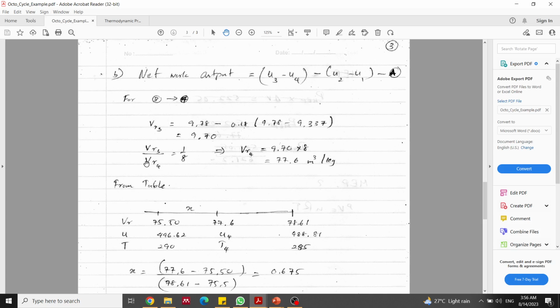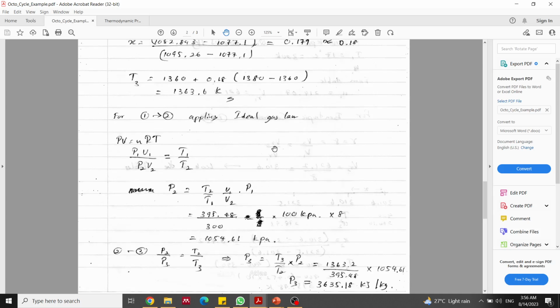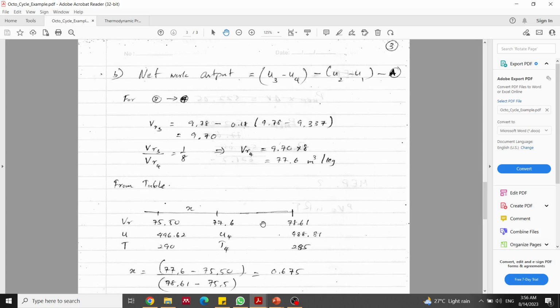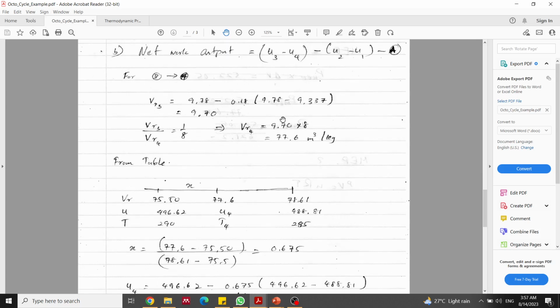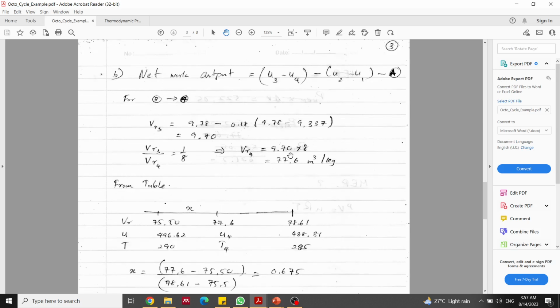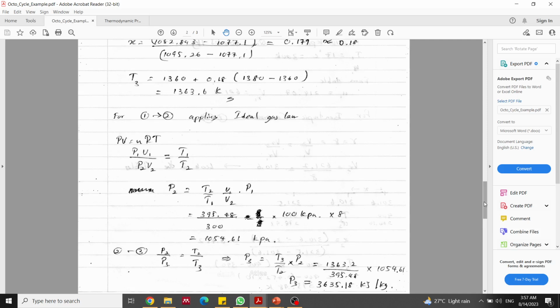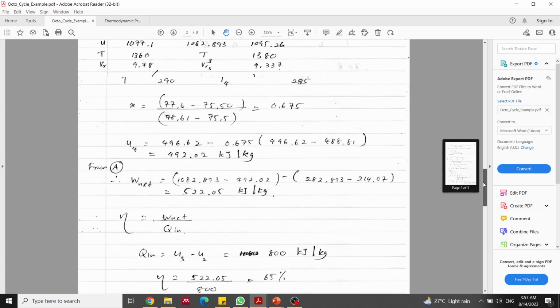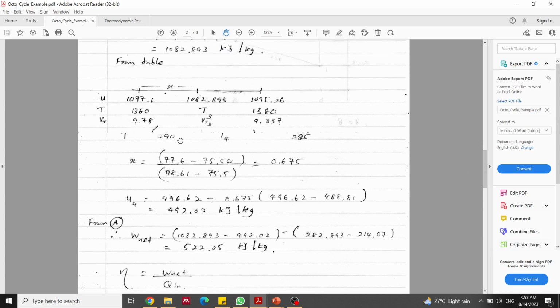VR3 divided by VR4 is 1/8, but first we need to figure out what VR3 is, right? So VR3 can be figured out from the above. Okay, so we have the VR3 value right here.